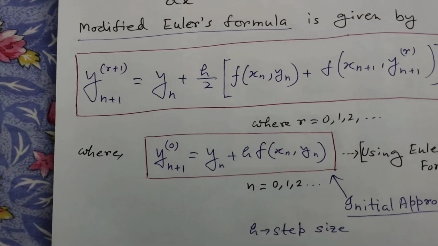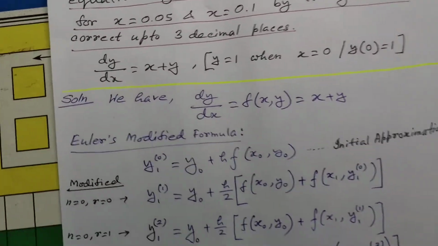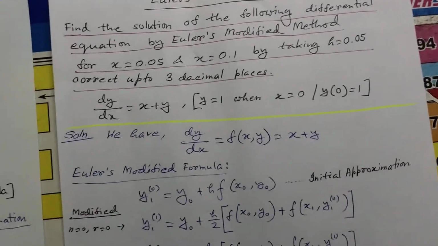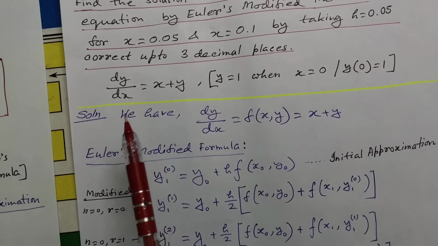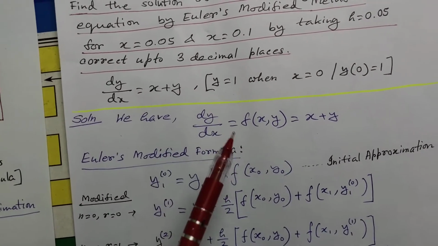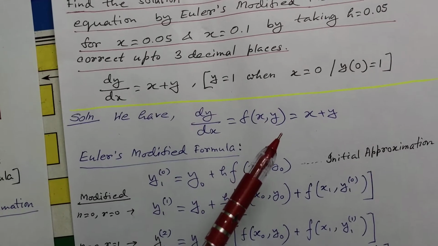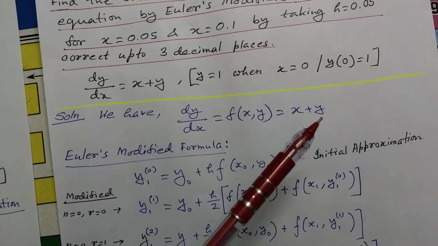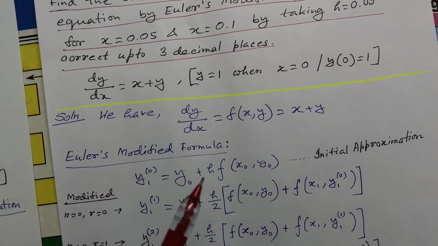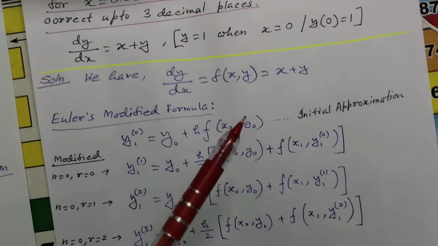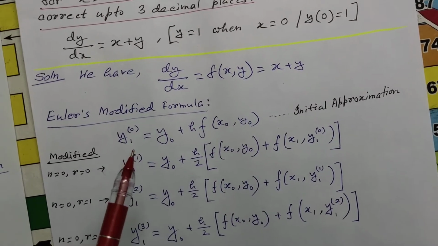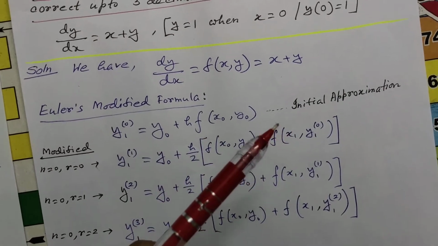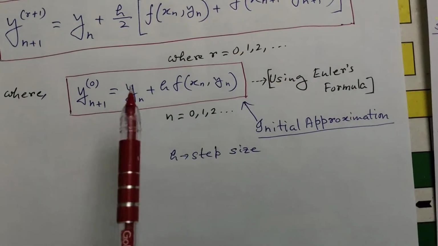Now coming to the problem again, we have the differential equation dy/dx equals x plus y. So dy/dx equals f(x, y) equals x plus y, it is given already. According to Euler's modified formula, the initial approximation for y1, that is y1^(0), equals y0 plus h f(x0, y0). Where do we get this from?